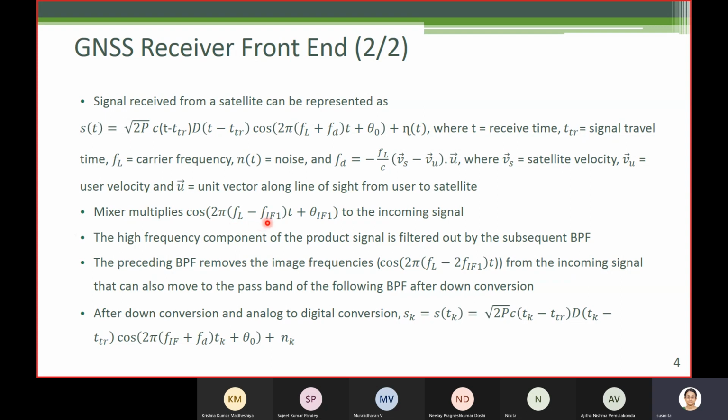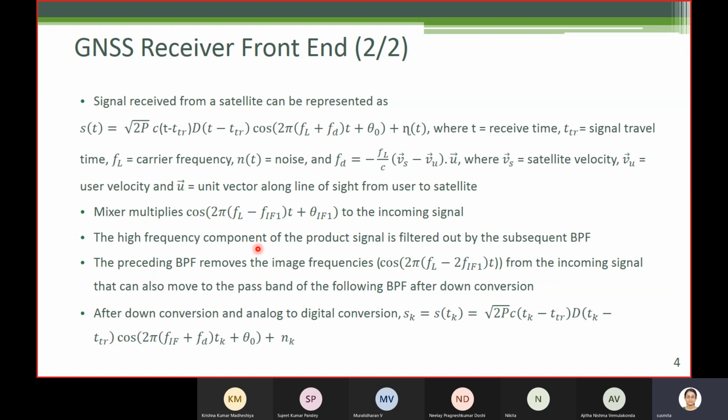We do not want the high frequency component. We want to change FL to FIF1, and the low frequency component, the A minus B term, has FIF1, FL is cancelled out, plus FD. So you want that low frequency term only. You do not want the high frequency term.